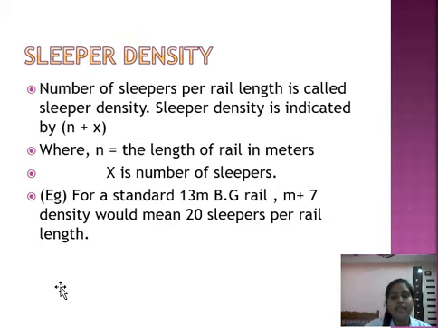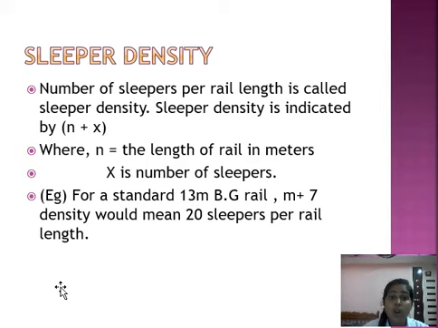Then what is sleeper density? So sleeper density means the number of sleepers required per rail length. For constructing the railway track, the standard rail length is 13 meter. For connecting these rails, they will connect by use of fish plates.